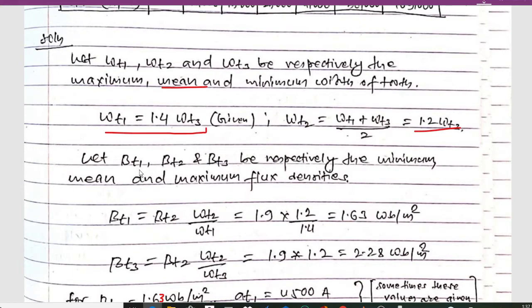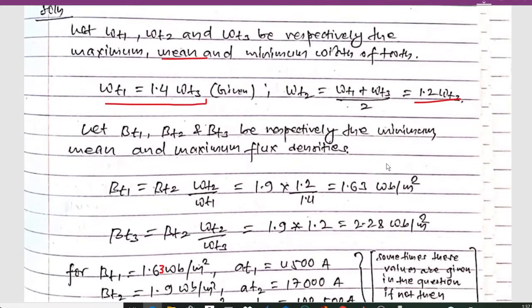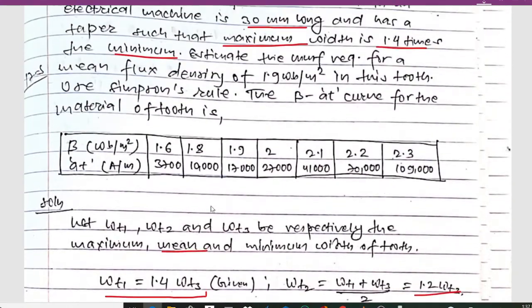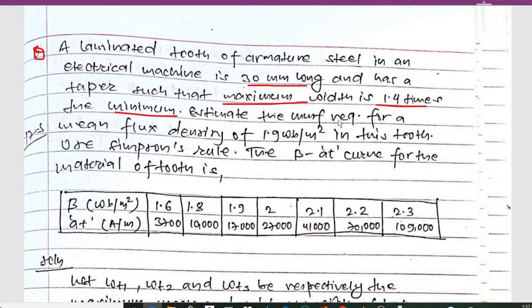Now let BT1, BT2, BT3 be respectively the minimum, mean and maximum flux density. Here we have the relation: BT1 is equal to BT2 into WT2 upon WT1. We need to estimate the flux densities from the mean flux density, and here we have the mean given as 1.9 Weber per meter square.